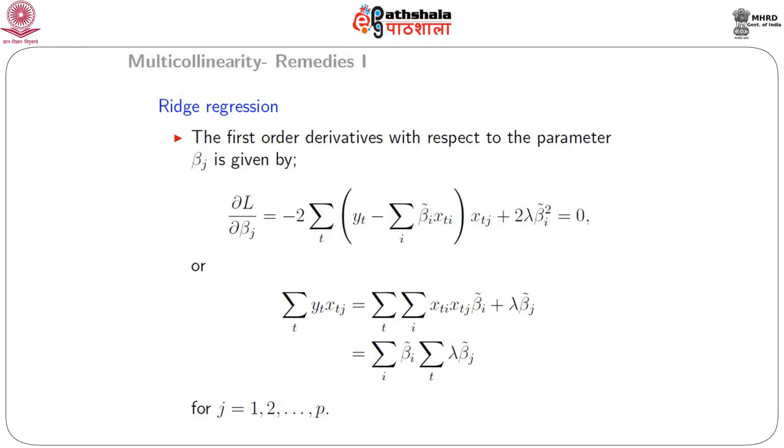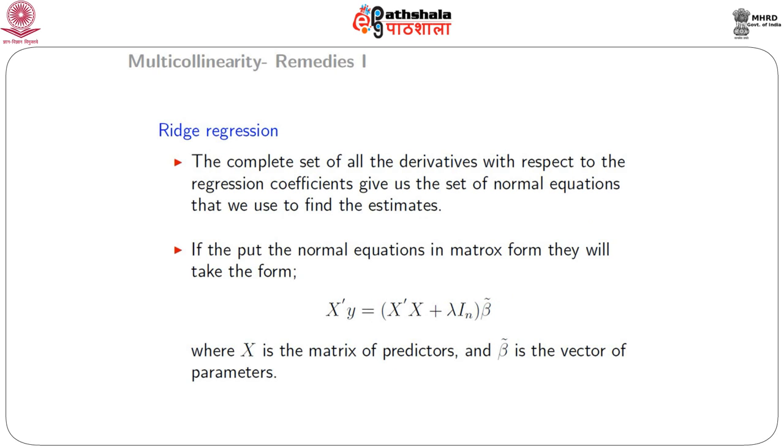Now the complete set of first order derivatives of the Lagrangian equation with respect to the regression coefficients will give us a set of normal equations that we normally use to find the estimates.